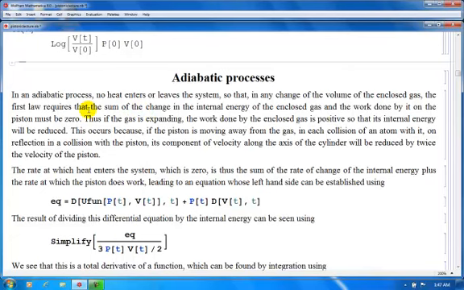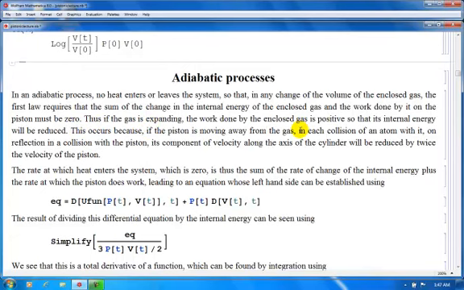Thus, if the gas is expanding, the work done by the enclosed gas is positive, so that its internal energy will be reduced. And this occurs because if the piston is moving away from the gas, in each collision of an atom with it, on reflection, its component of velocity along the axis of the cylinder will be reduced by twice the velocity of the piston.